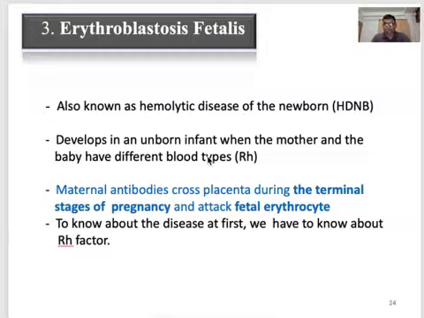the fetus. This erythroblastosis fetalis develops if the mother and the unborn baby have different Rh blood groups.